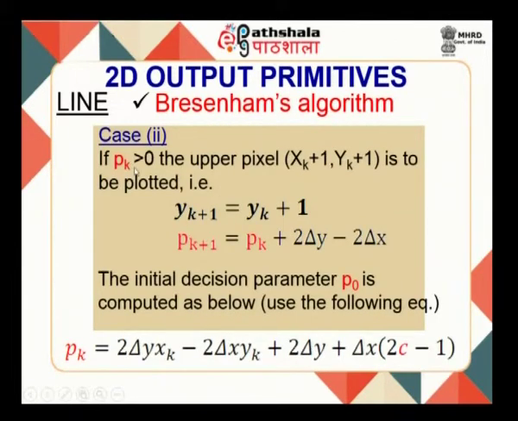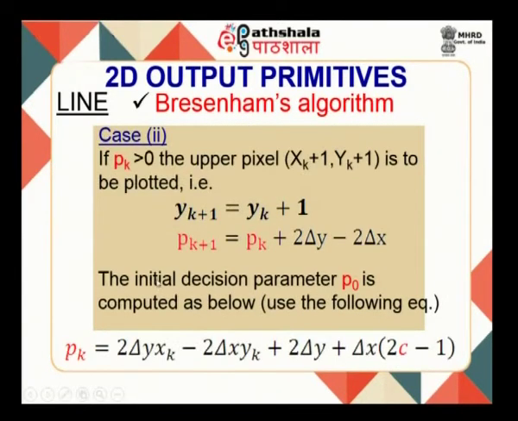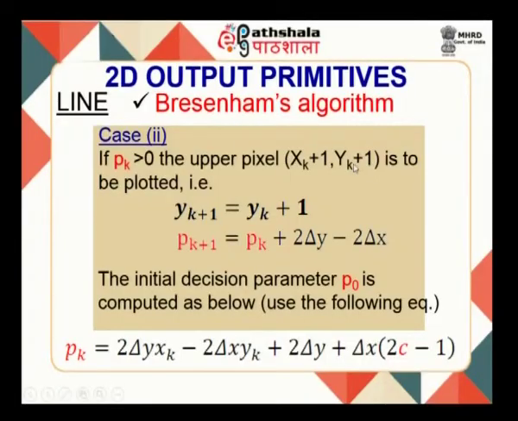Similarly, you do this for the pk greater than 0 case. In the previous case, we took pk less than or equal to 0. Now, pk greater than 0, where pk means D lower minus D upper: D lower minus D upper greater than 0 means D lower is greater than D upper, which means choose the upper pixel for y. This upper pixel is the yk plus 1 position, and the next pixel to be plotted is xk plus 1 comma yk plus 1. As you see here, the next y value is the previous y value plus 1.